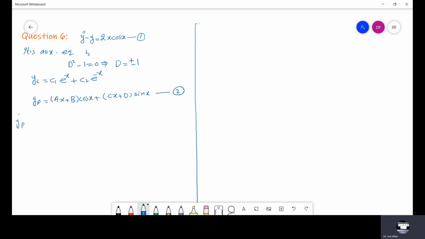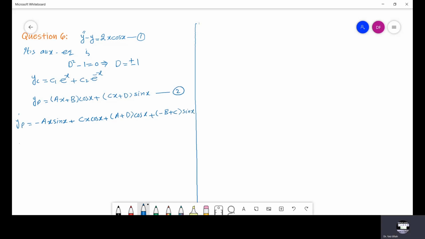So y dash p is given by minus ax sin x plus cx cos x plus a plus d cos x plus (minus b plus c) into sin x.